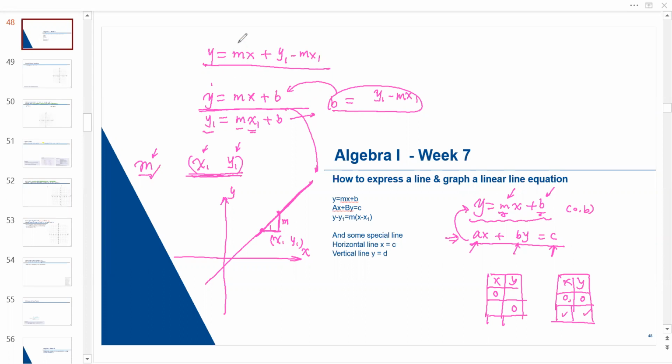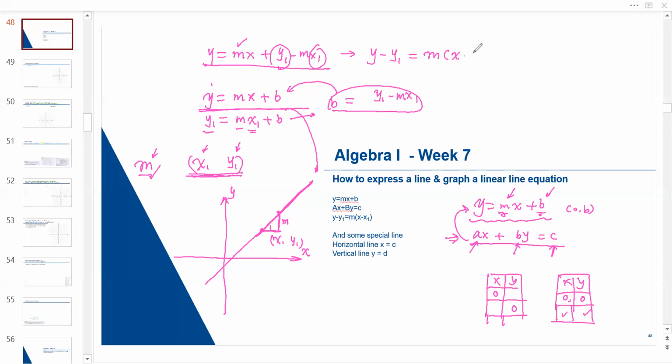So right now, m was told, this point was told, this pair was told, the slope m is already known. We'll reorganize this one, all right? Let's move this y1 to the left. So it changes to y minus y1 equals mx minus mx1, right?